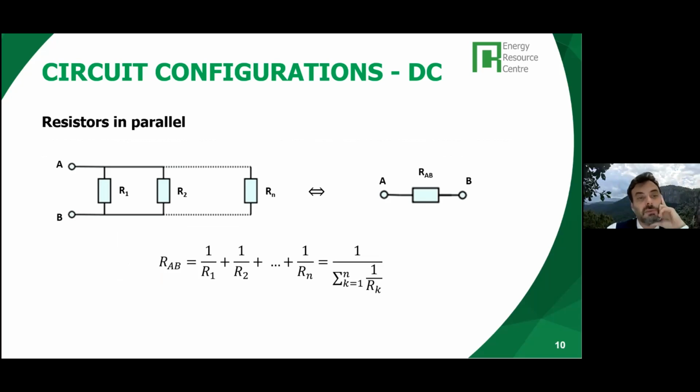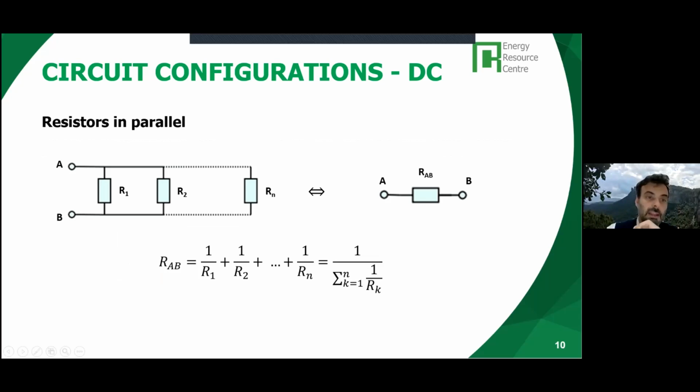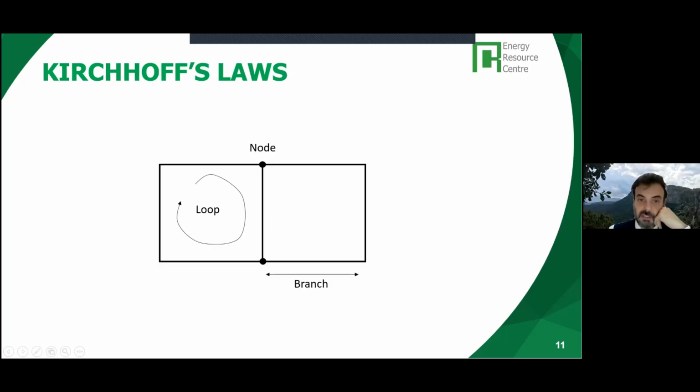Whereas when we connect resistors in parallel, the voltage between point A and B will be constant, and the current flowing from A to B will be the addition of the different currents flowing through each of the resistors.